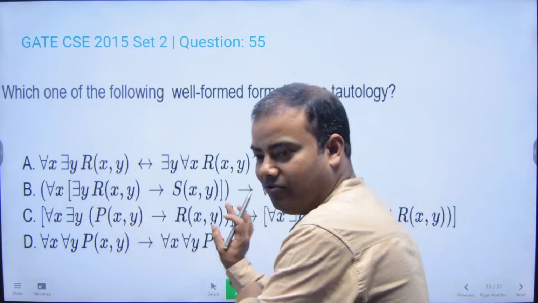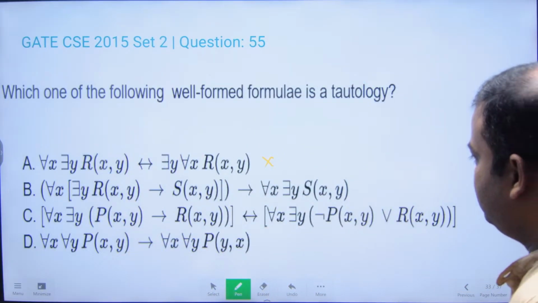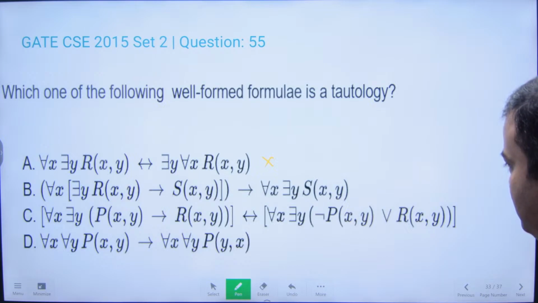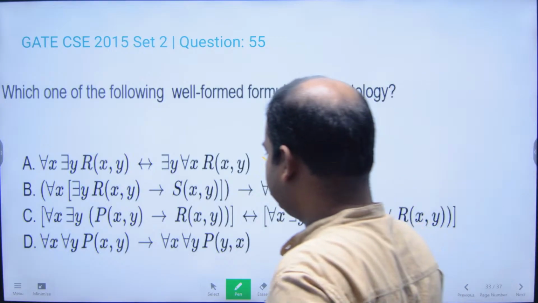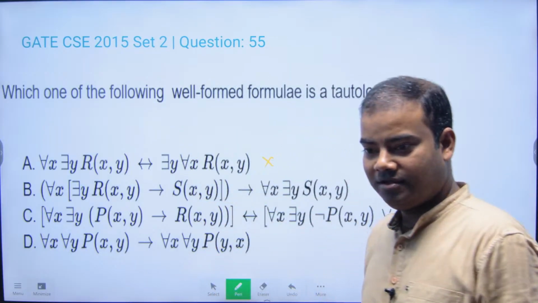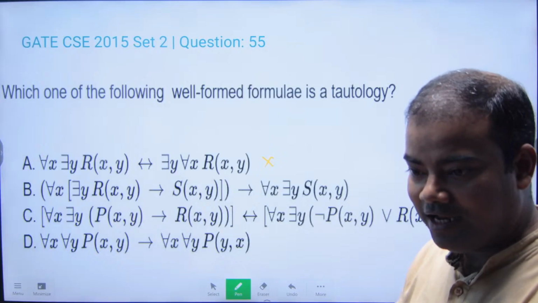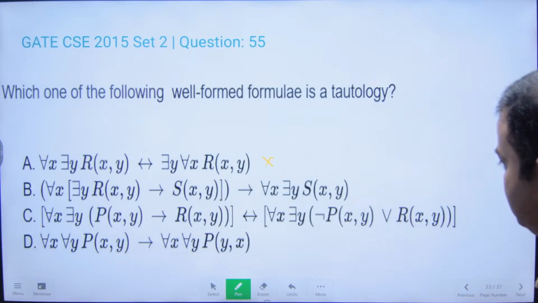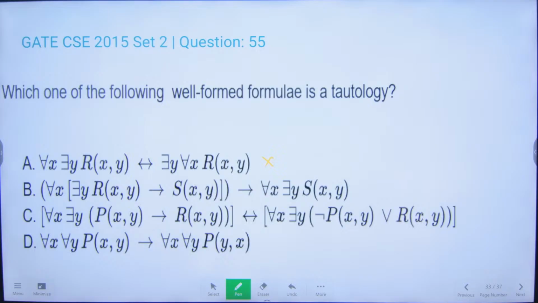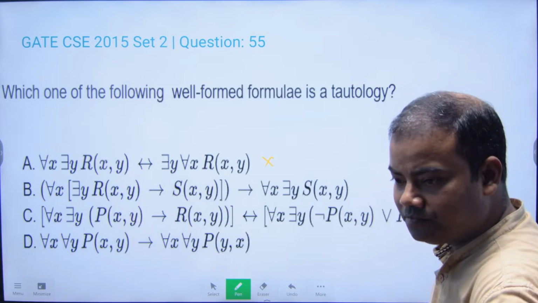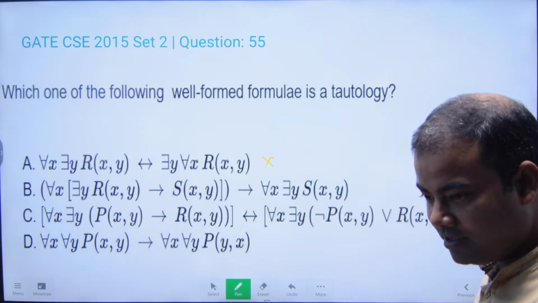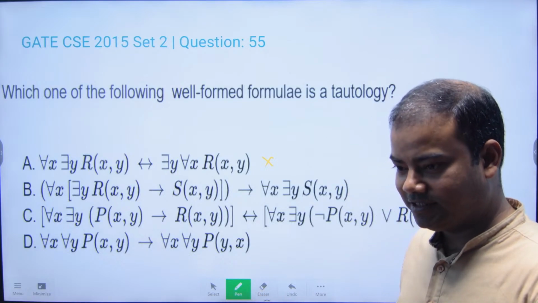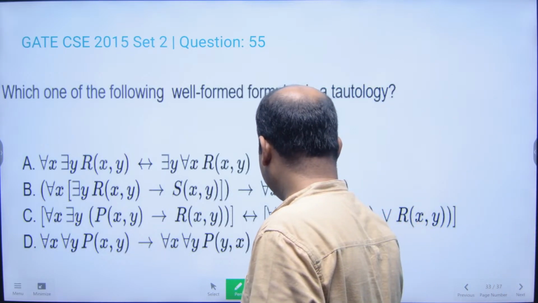I am just going to the simpler one first. Here it is x and here it is y, like x likes y and y likes x. Both are different. For option D, that is also not correct. Clear? Because the meaning is totally changed if you change the position over there.